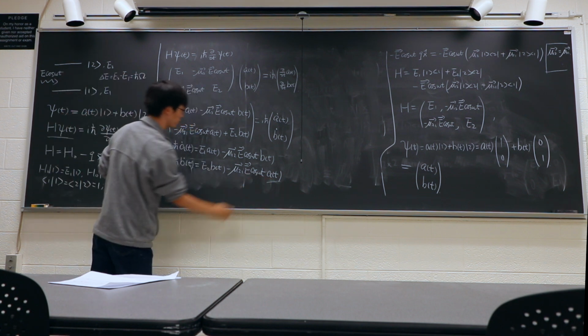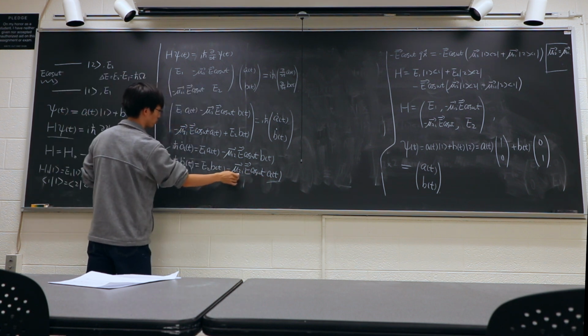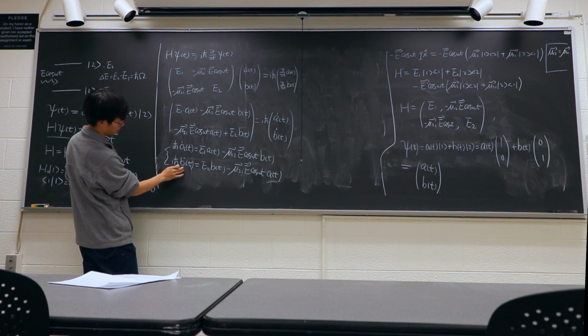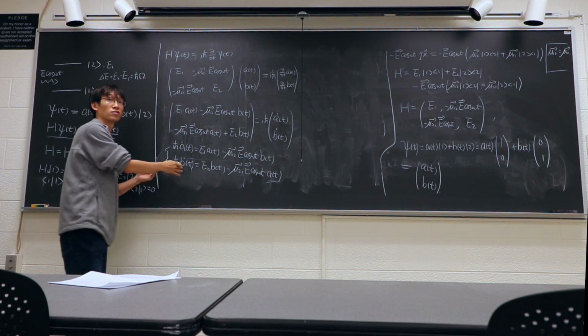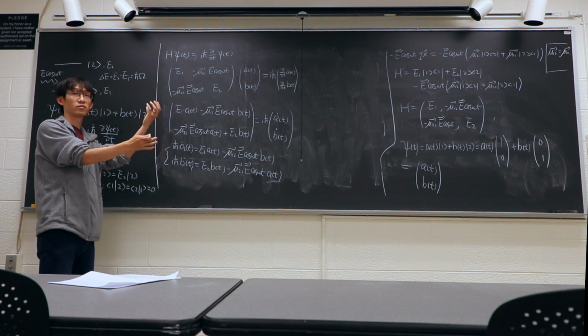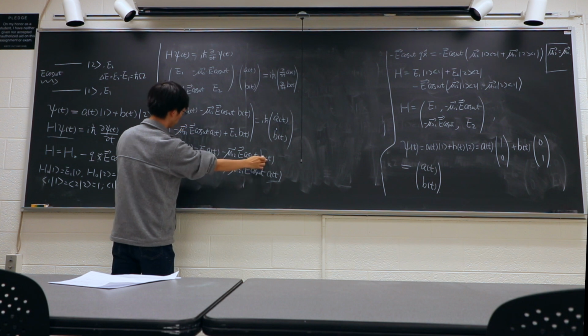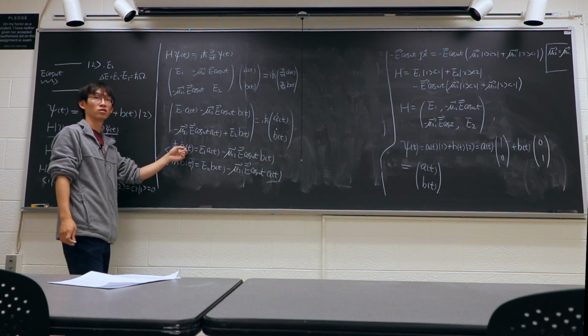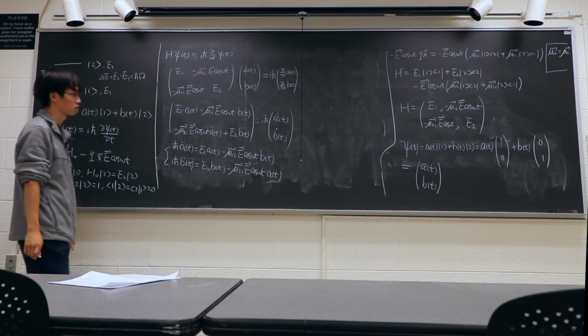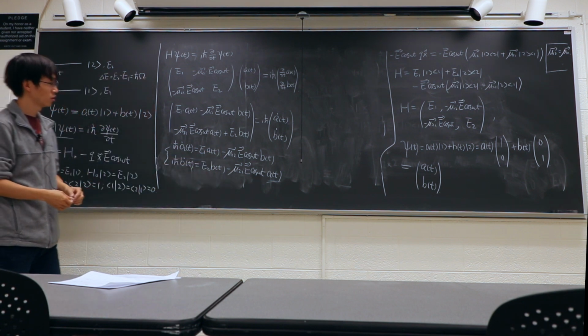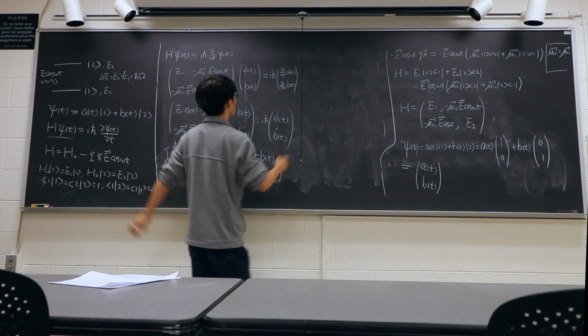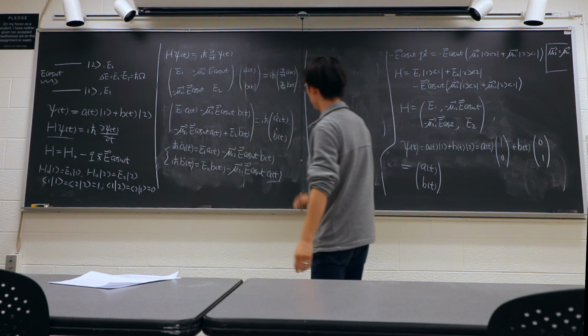So A can create a term here to make the time derivative of B non-zero. So now your B starts to grow, and then when B starts to grow, you in turn change the rate of change of A. So this is a coupled mode equation that is very common in two-level systems.